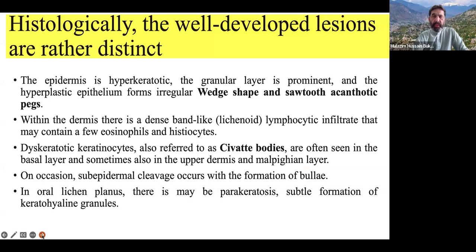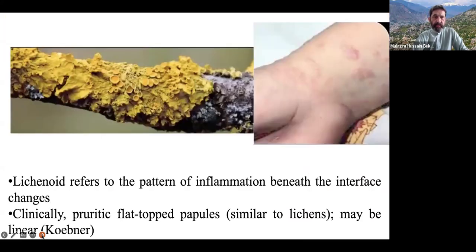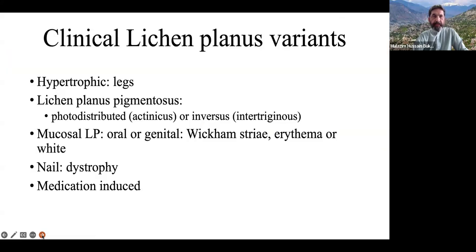So before going into detail, I will jump to the histopathology. Again, I have shown that lichenoid refers to the pattern of inflammation beneath the epidermis, and this is the Wickham's stria line.